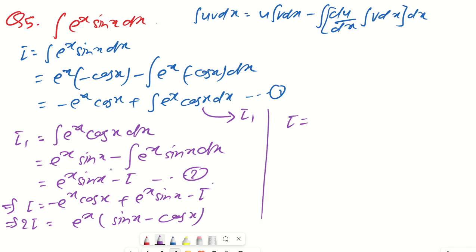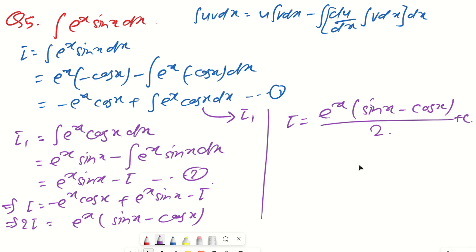My I will become e to the power x into sin x minus cos x divided by 2, plus some constant c. Understood? So this is how we get the value of the integration, which is e to the power x into sin x minus cos x by 2 plus some constant c.